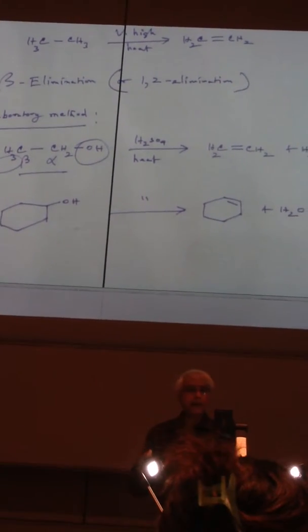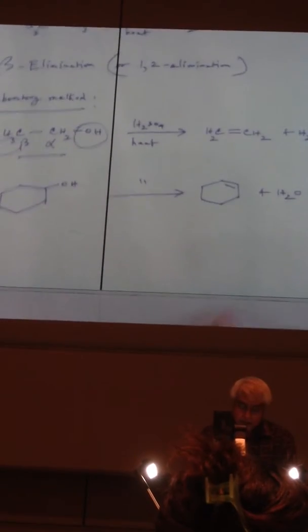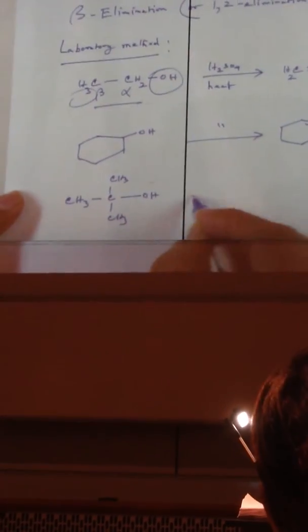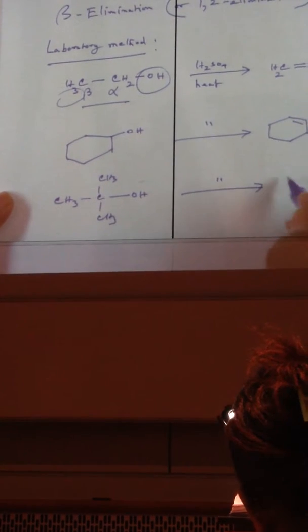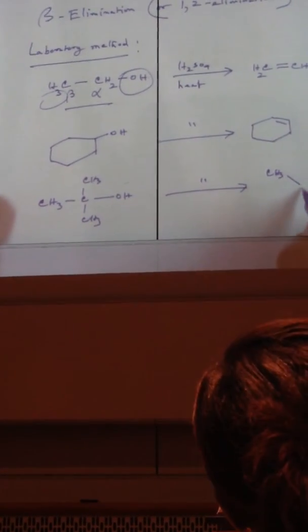And of course, you can predict many products like that. If you start with tertiary butanol, you get isobutylene, make this plus H2O. So these are all examples of beta elimination reaction.